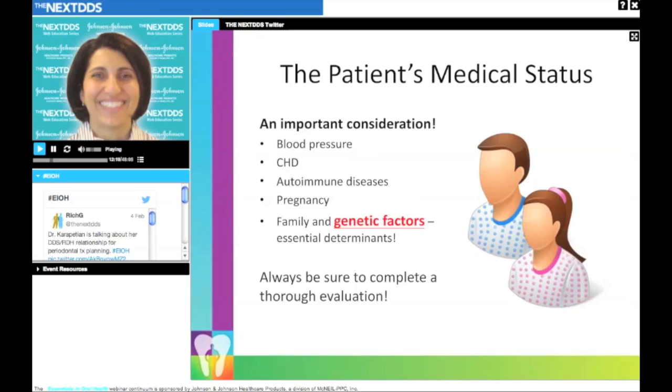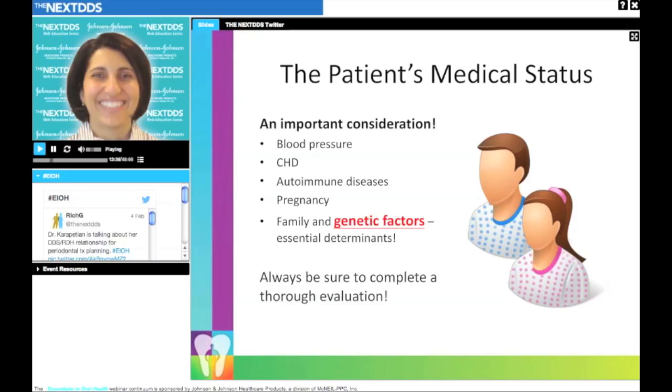Now, genetic factors do play a role in periodontal disease. There is interleukin-1 beta, which causes a lot of destruction in patients' periodontium who have a family history.